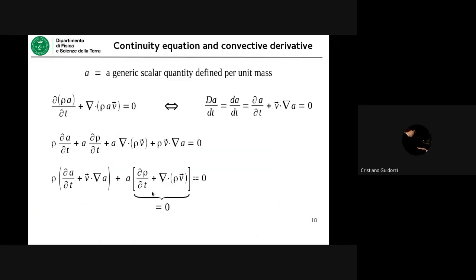So this is 0. Continuity equation in the case of mass. So conservation of mass implies that this has to be 0. But this other term is the total, or convective, or material derivative of A. So we just demonstrated it. If you go backward, you also have the same proof the other way around. So the two are perfectly equivalent.